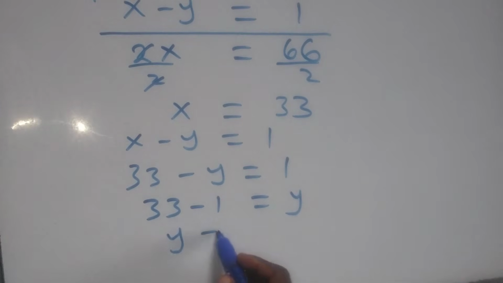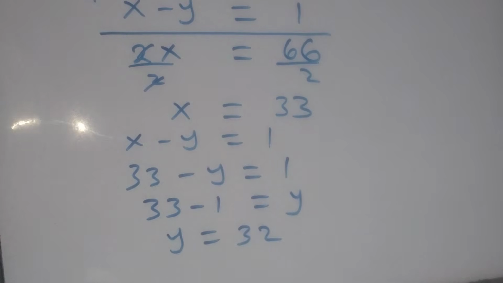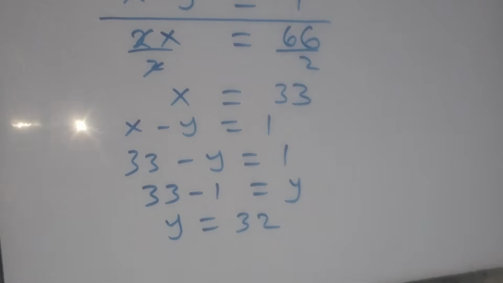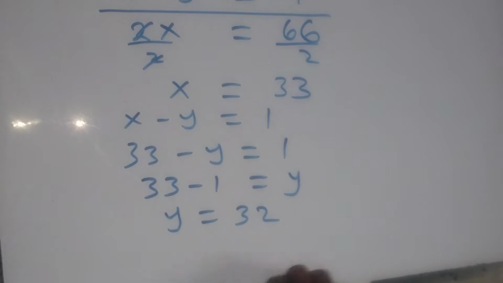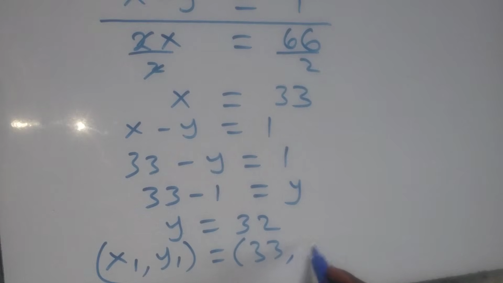And we have y equals 32. 33 minus 1, that's 32. So x is 33 and y is 32 in this first case. When we write it as the first solution, x1, y1, we have 33, 32. So this is the first possible solution.